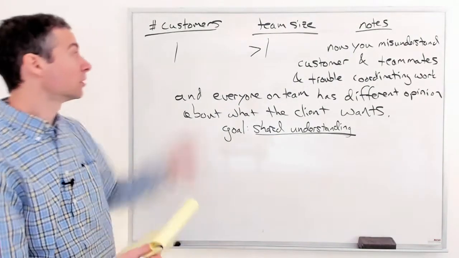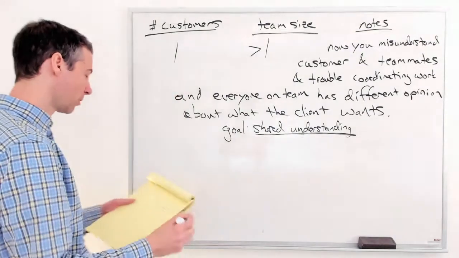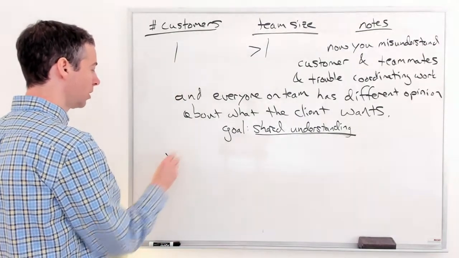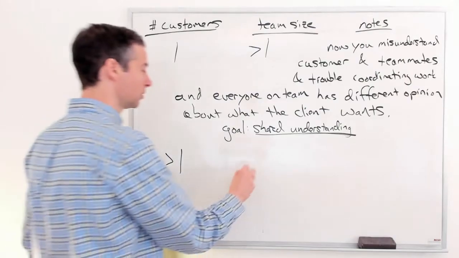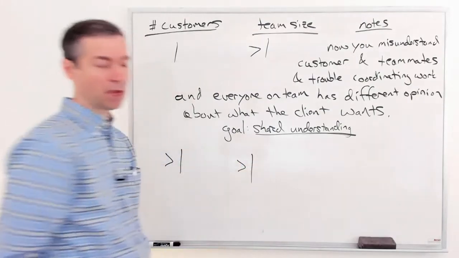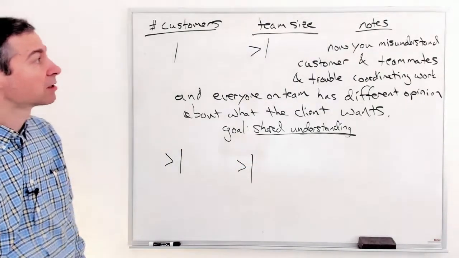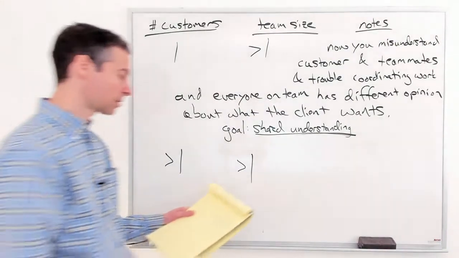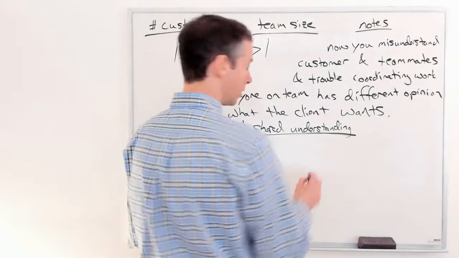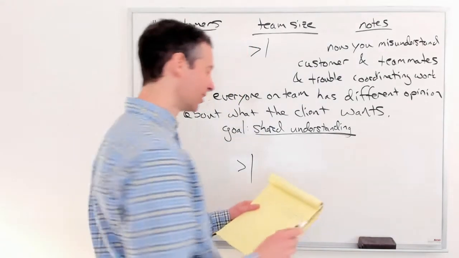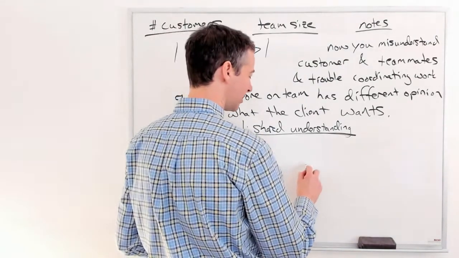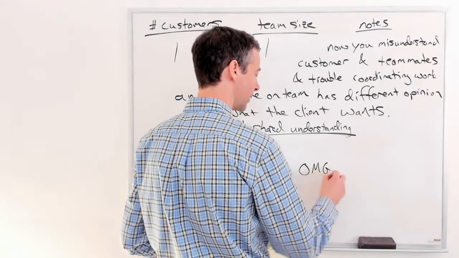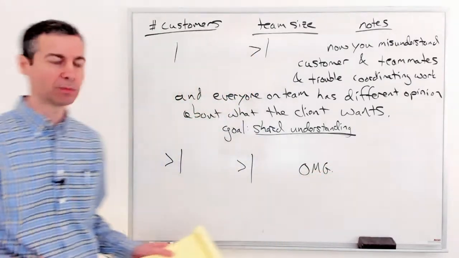And of course, in our table here, we can keep going. We could have more than one customer. We'll have a large team size. All right. Well, what's the problem now? Well, it's not good. It's like, oh my gosh, this is way too much now.